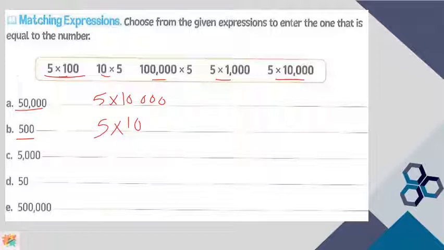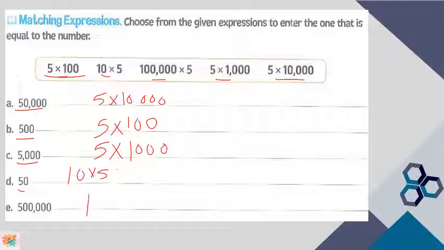What an easy question, Mr.! I hope it comes in the exam. 5000, which one? It's 5 by 1000. 50: it's 5 times 10 or 10 times 5 as it is written for you. Okay, the last one, 500,000, so it will be 100,000 multiplied by 5.